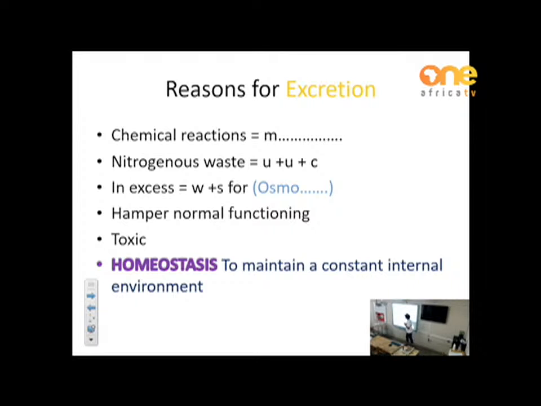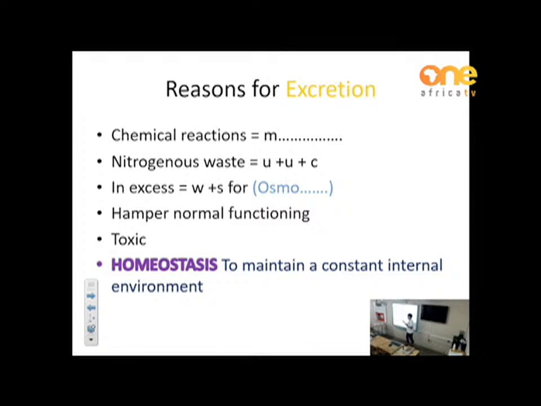These nitrogenous wastes come from the excess proteins that we take in, and in excess we have water and salts. The water and the salts are important for which process in the body? Osmoregulation. What was osmoregulation again? Water levels in a living organism.